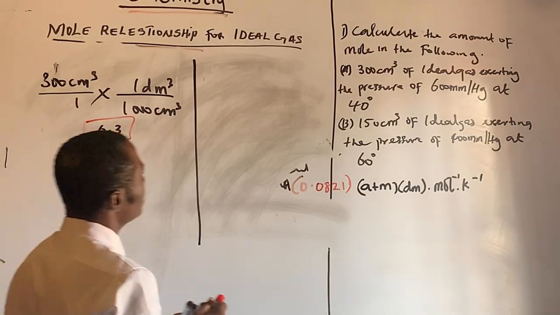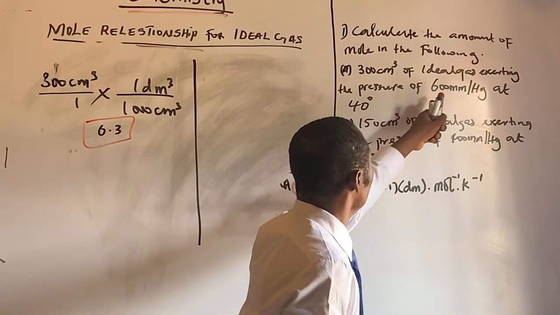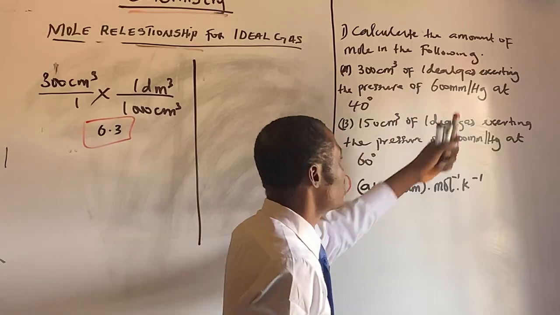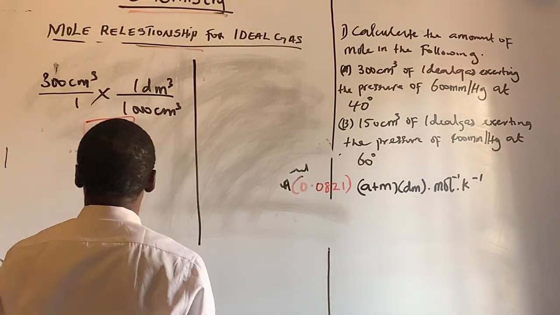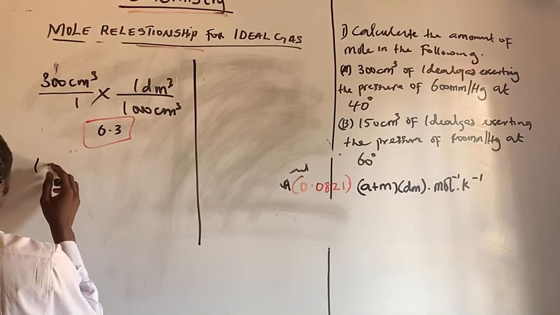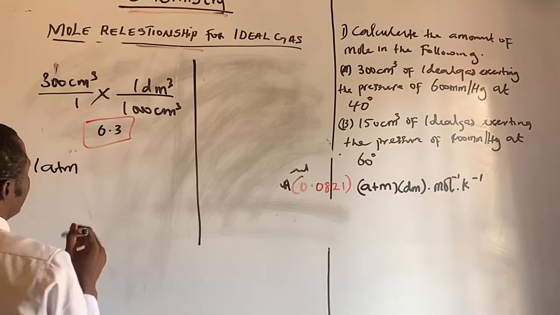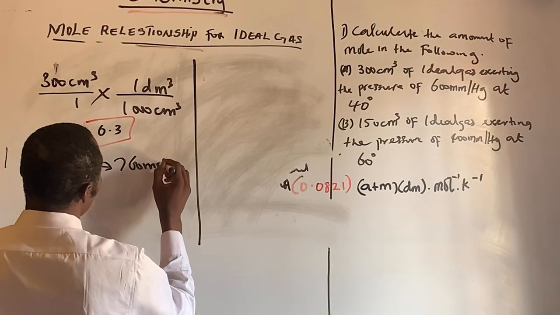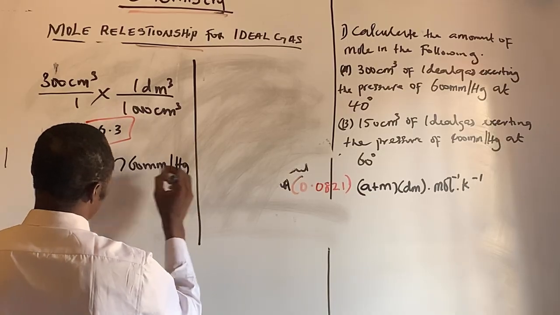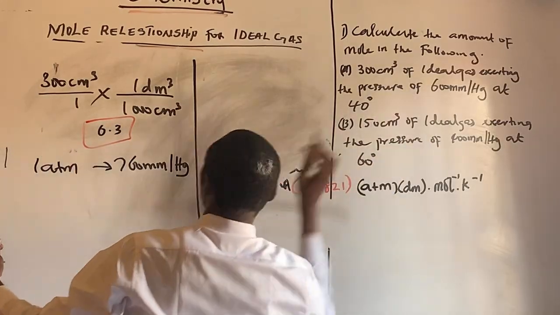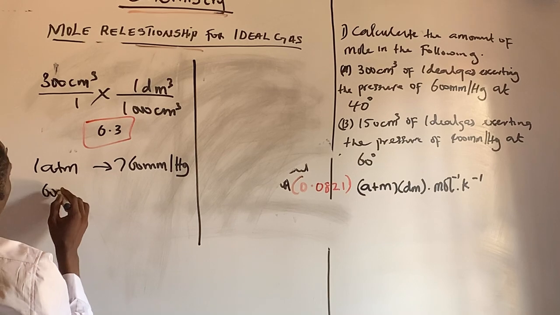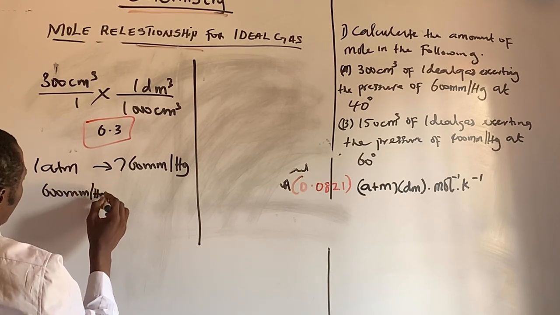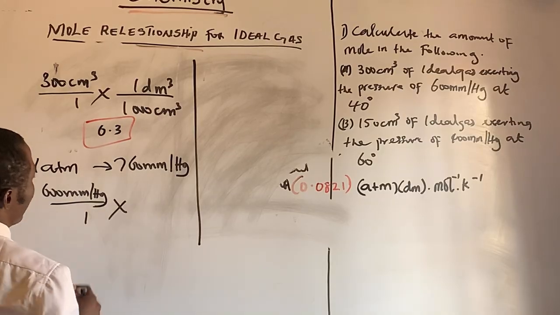Just keep it aside. So we're looking for pressure. The pressure is 600 millimeter mercury. We need to convert it to ATM. Understand that 1 ATM under standard condition gives you 760 millimeter mercury. I'm using my conversion factor fraction.